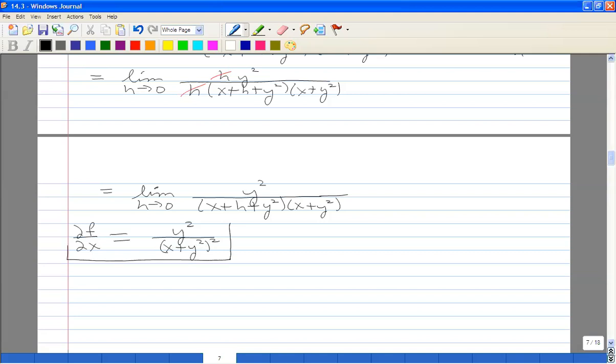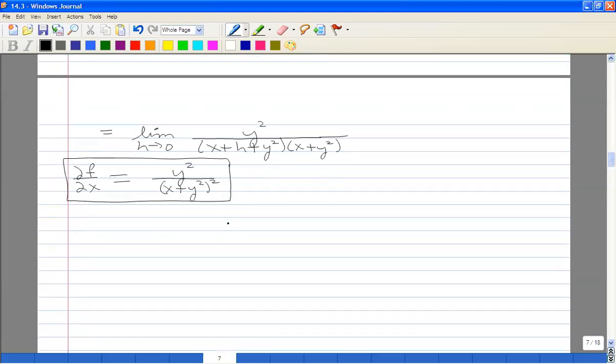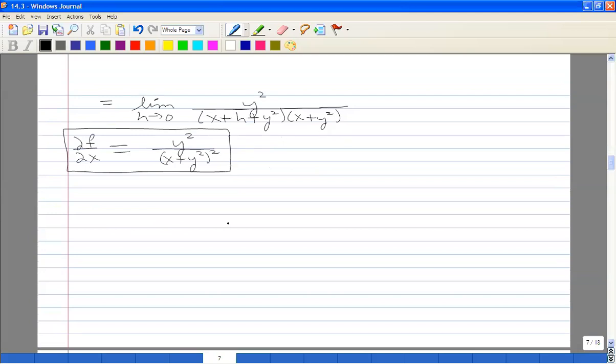Let's do the partial of f with respect to y. It'll be nearly identical to this. So the partial of f with respect to y is the limit as k goes to 0, let's say, of f of x, y plus k, minus f of x, y, over k.